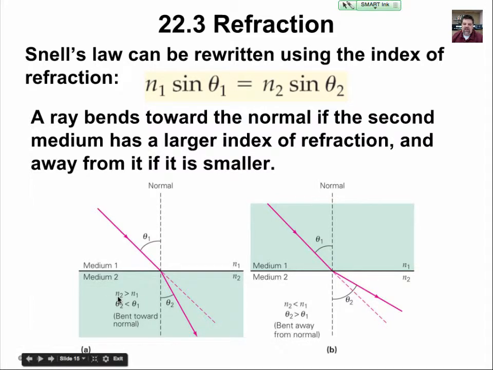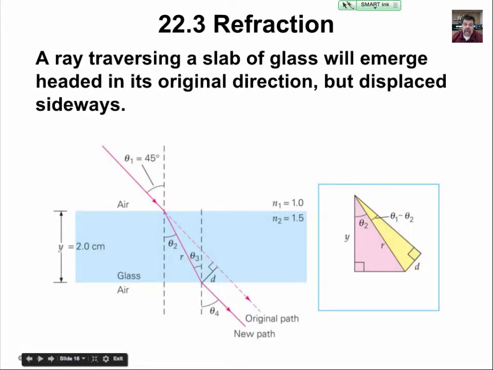So if the second medium has a greater index of refraction than the first, the light bends inward towards the normal. However, if the index of the second medium is less than the first medium, then it'll bend away from the normal. So here we have an example of air and glass and light. This is kind of how a prism separates white light into the different colors.